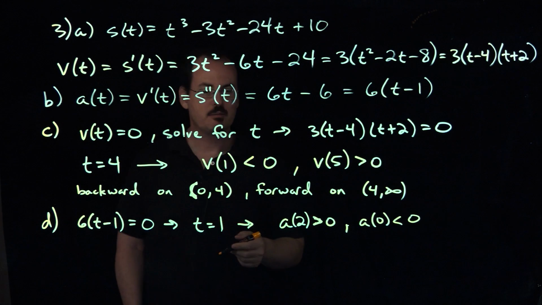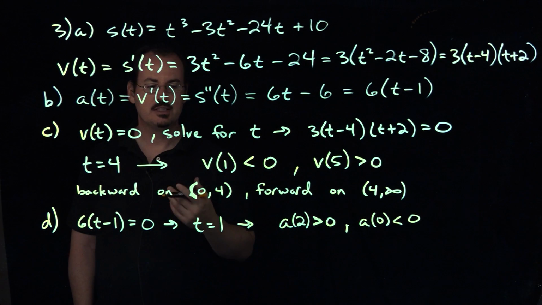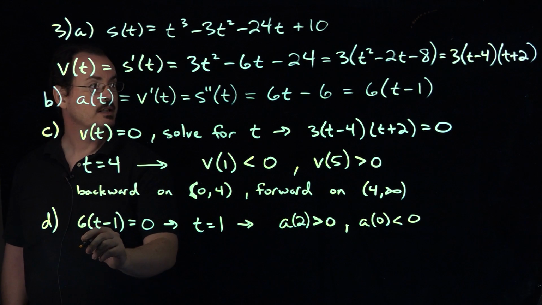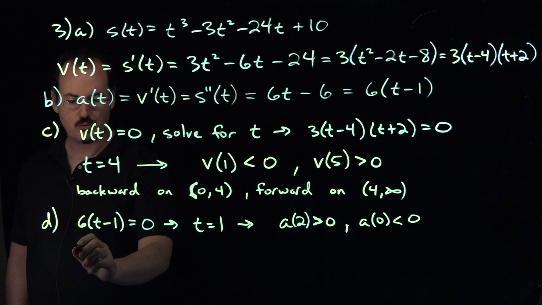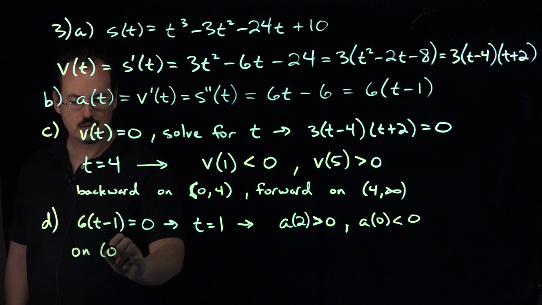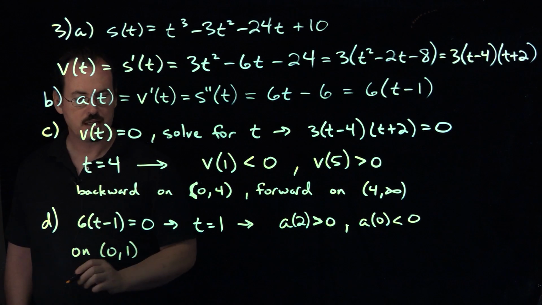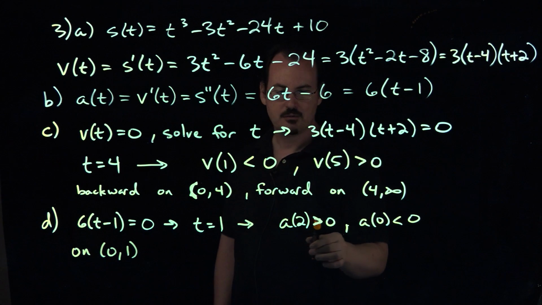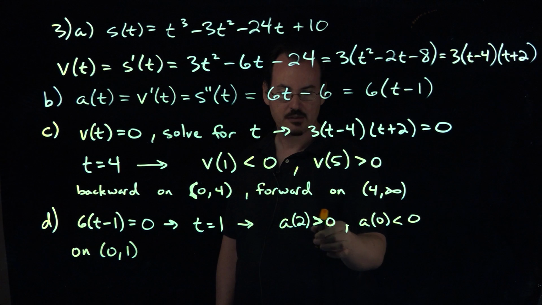So now what we want to think about is when do the acceleration and the velocity have the same signs? Notice on the interval from 0 to 1, what's true about the velocity and the acceleration? From 0 to 1, we found that the velocity was positive. I'm sorry, the acceleration was positive.